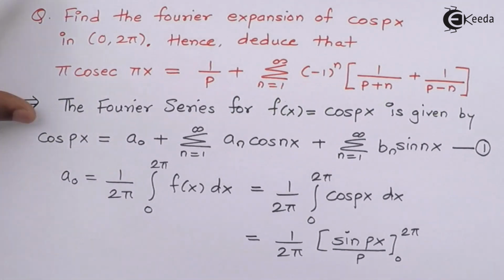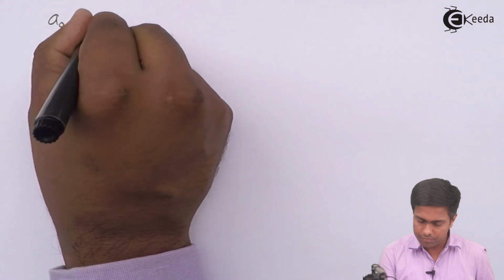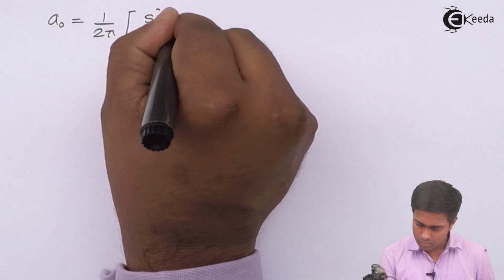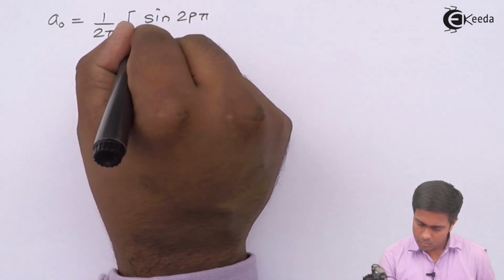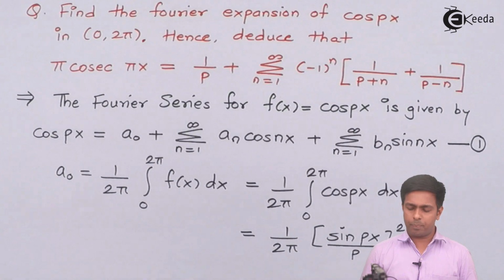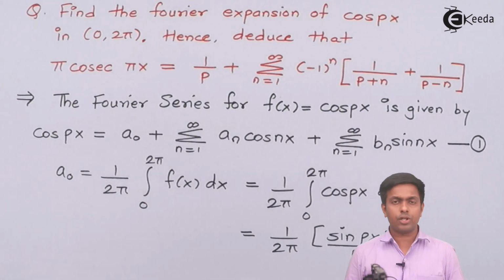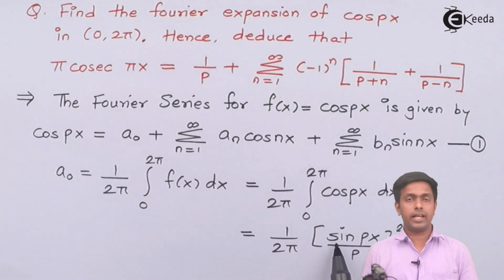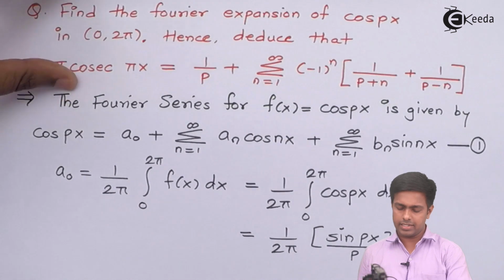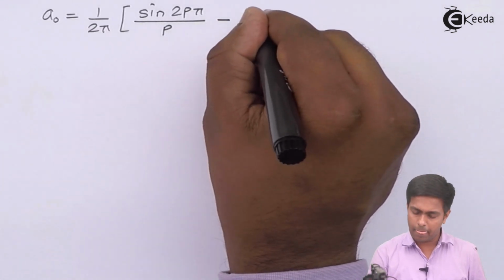So a0 equal to sine of 2p pi upon 2 pi p, now let's put the lower limit. The lower limit is 0, so when I put it here, we get sine of p into 0, that is 0. So here I'll say minus the lower limit, which is 0.